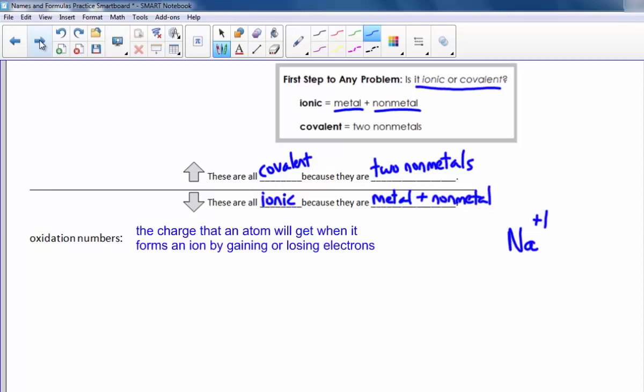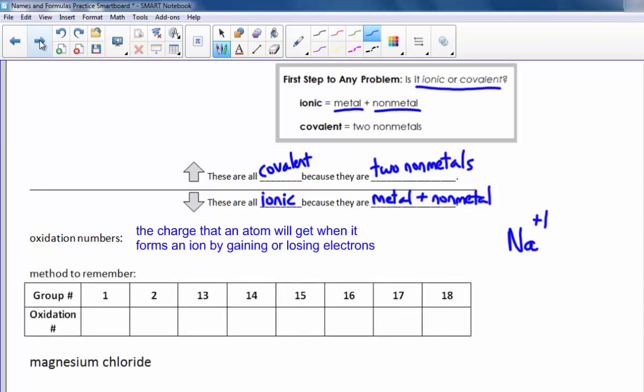Now, it can take a little bit of math to figure out the oxidation number of an element, but there's a really easy way to remember the oxidation number of any element in groups 1, 2, and 13 through 18. And it goes like this. The oxidation number of anything in group 1 is positive 1, and anything in group 2 is positive 2. Anything in group 13 has an oxidation number of plus 3.